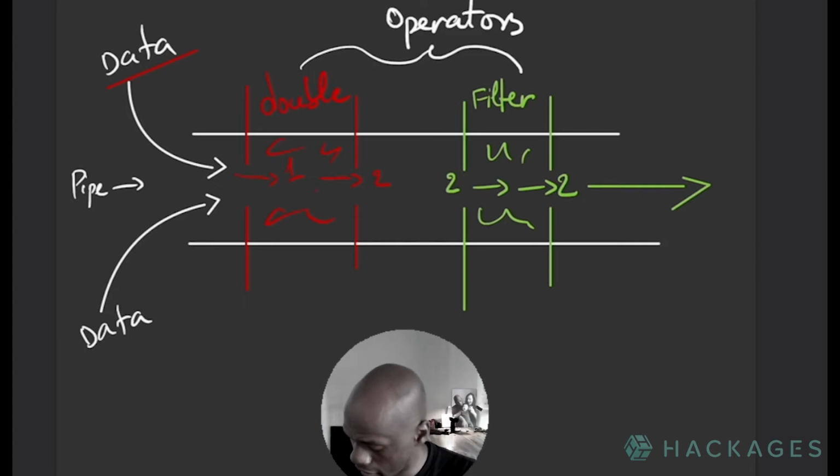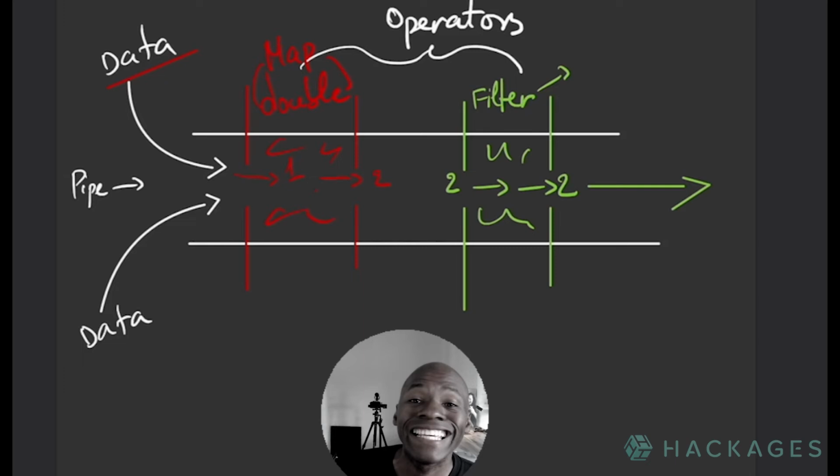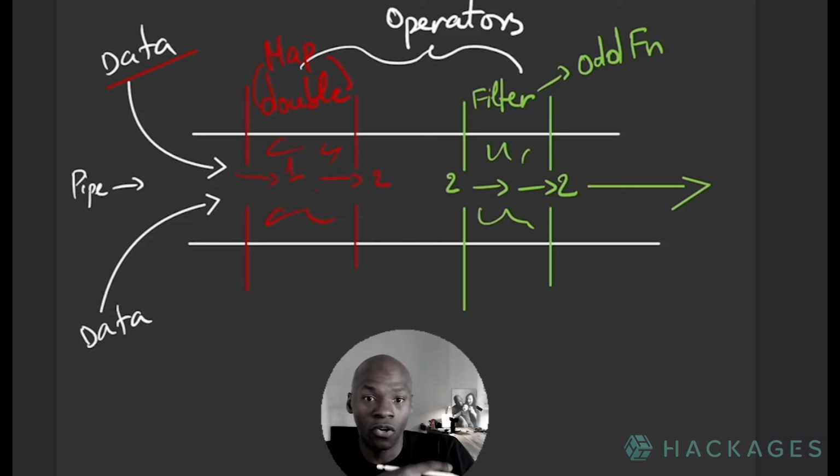So what I'm trying to say by that is this one here is a map function that will take the double, and this one is the filter function that will take something like a delegate, that you can think of as a function that basically checks if it's an odd number, right?